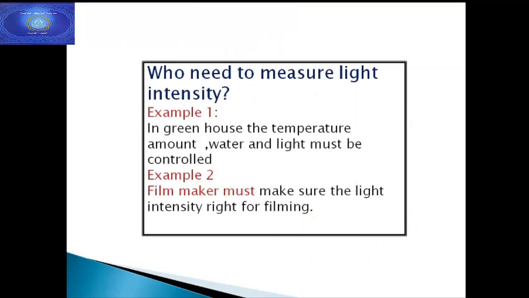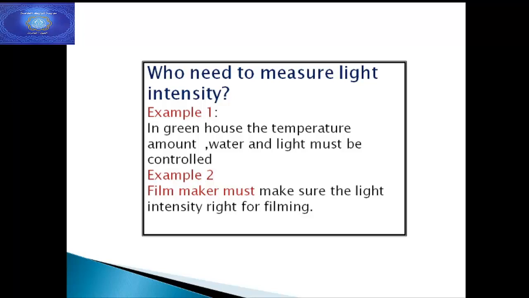Light intensity is very important for many people and for many workers who need to measure it. I will give you two examples. There are many examples, but I chose two.